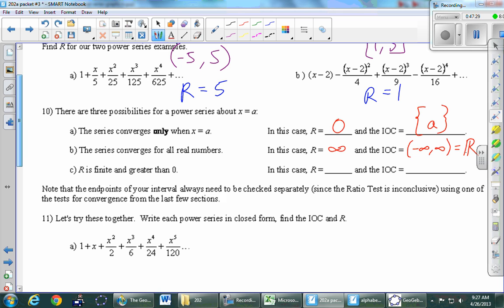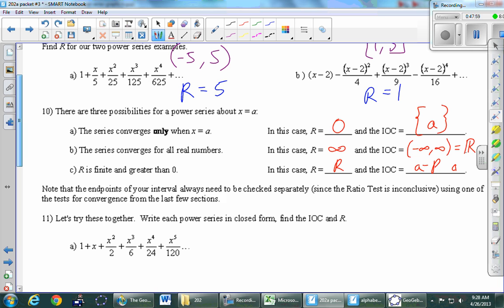In the 2 cases that we saw, the radius was some finite number. First it was 5, then it was 1, not 0. So in this case, r equals, and I don't want to give it another name, we'll just call it r. Then we can write something for the interval of convergence. What's the center? The center is a, which means the interval of convergence is a on both sides.